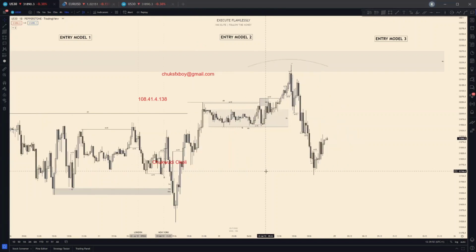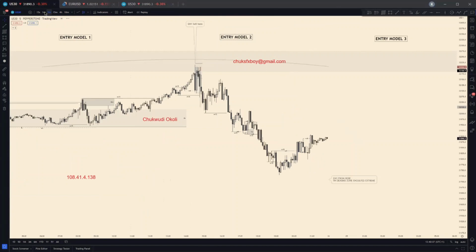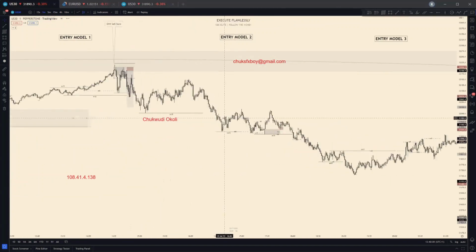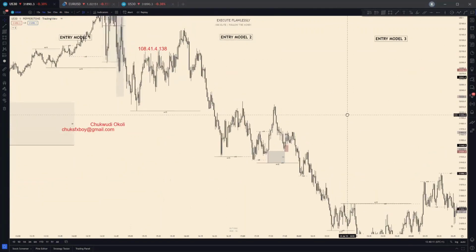Is that what you said? Yeah, if there's no clean 15-minute POI, like it's all crappy, wicky, mitigated, nothing valid, then just wait for a 5-minute chalk. I think it was between Friday and Saturday, a few hours before the markets closed, on 15M.